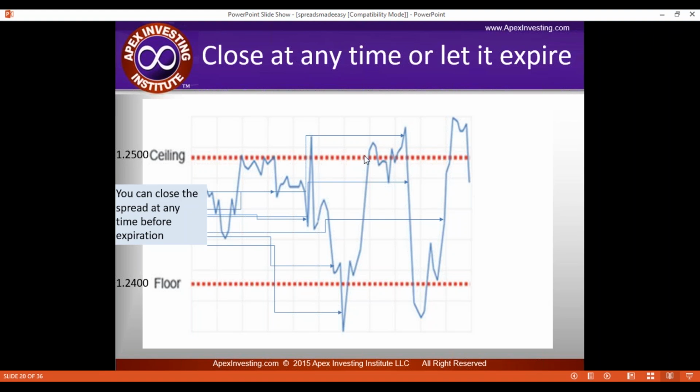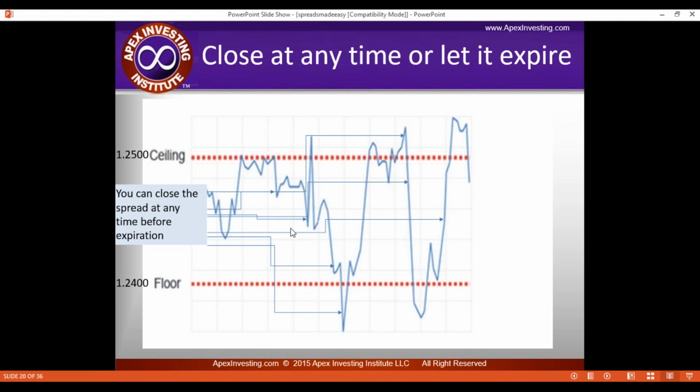So it wouldn't affect you negatively if it expired outside of the spread. It's not like a binary, or it's not like a limit. That's actually a really good question, Oliver, because if you're asking that question, that means probably 10 other people are thinking it.